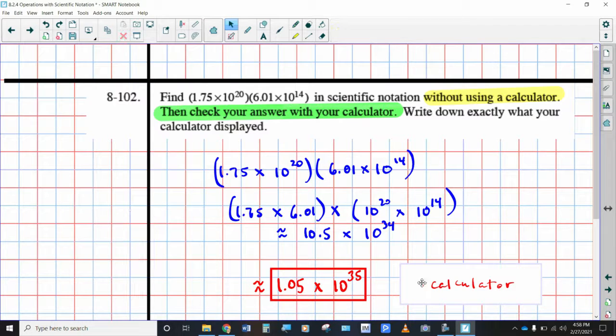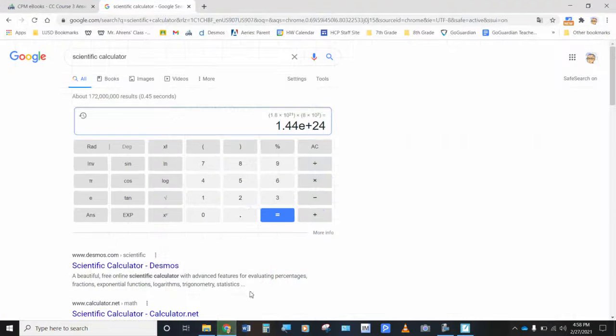So now when we use the calculator for this process, let's go ahead, clear everything out. What was that? It was parentheses, 1.75 times 10 to the what power?